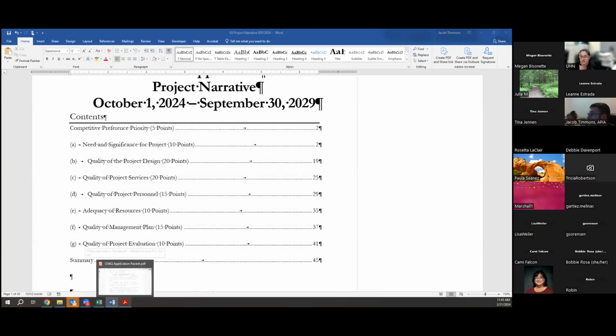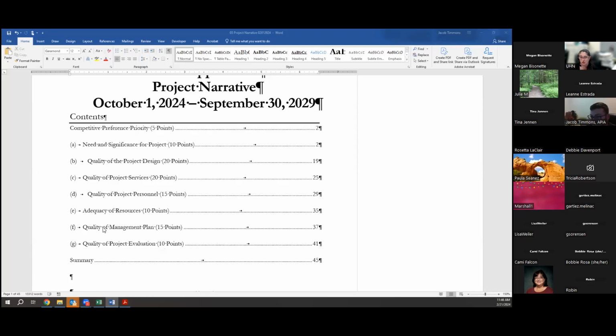This is a large competition. So we know there's 44 to 45 programs that are up for funding. What we don't know is how many applications each reviewer is going to be asked to review. So you may have some fatigue going on with reviewers. So you never want to assume that they're automatically going to get everything.